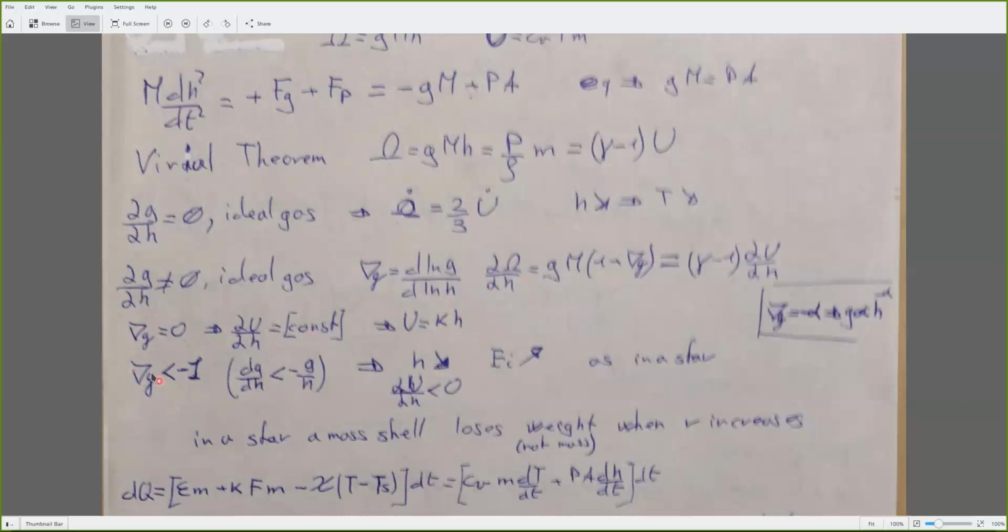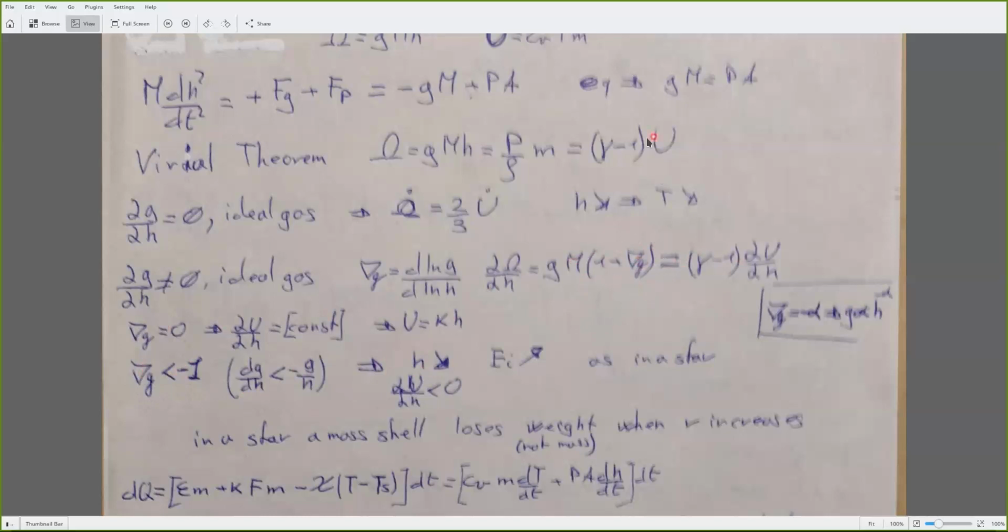On the other side, if you consider that the gradient is less than minus 1, in this case we have that this value here is negative. It's not positive anymore. Before it was positive, it was just 1. Now it's negative.